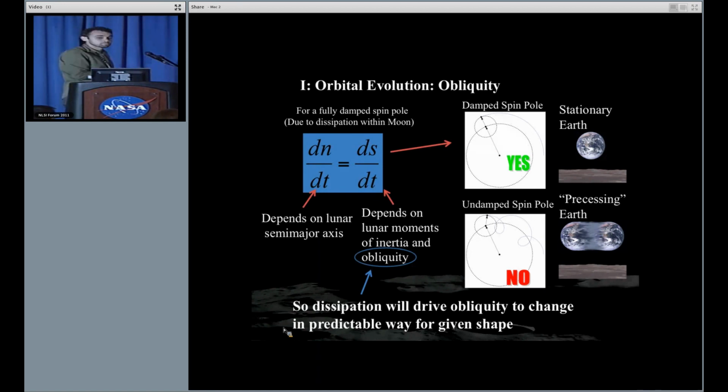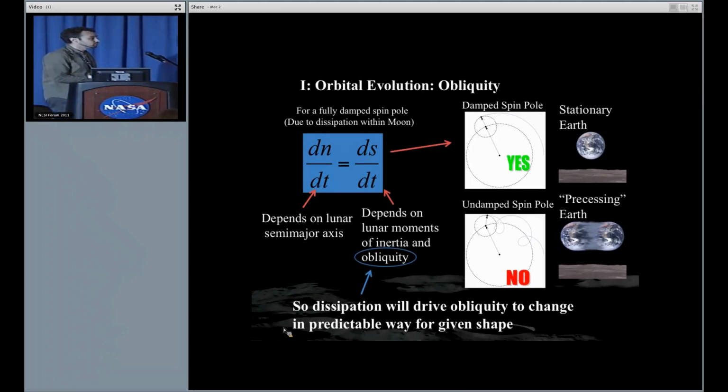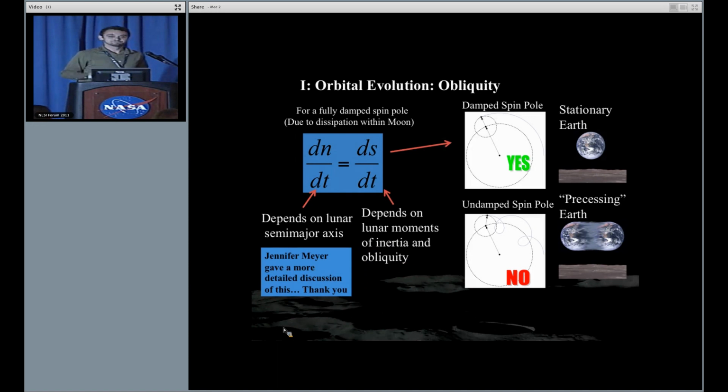But the spin precession of the moon itself really depends on the moments of inertia of the moon and its obliquity. So what I want you to take home is that as the moon moved away, the only way that you could stay in a Cassini state was by changing the obliquity of the moon, okay? Because you can't really change the moments of inertia as easily. And I'll thank Jennifer Meyer for probably discussing this in better detail earlier this week.